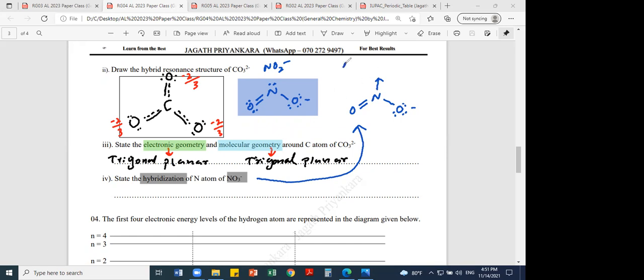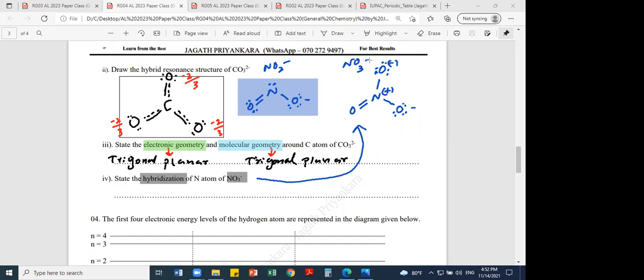When you write NO3 minus, you can write a dative bond. A dative bond is represented by an arrowhead pointing from the electron pair donor atom to the electron pair acceptor atom. But in the new syllabus, we don't draw the arrowhead. We put one line and we put a plus charge on this nitrogen and a minus charge on this oxygen. Plus and minus means it's like a dative bond. Is that clear?